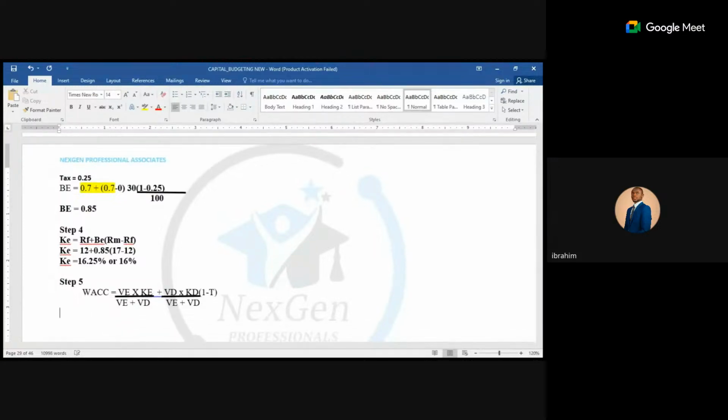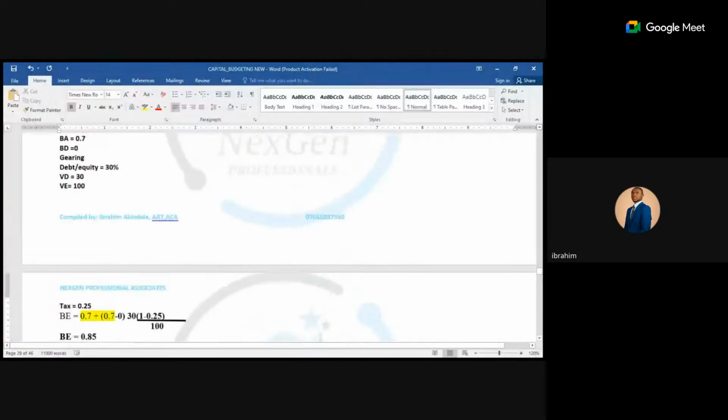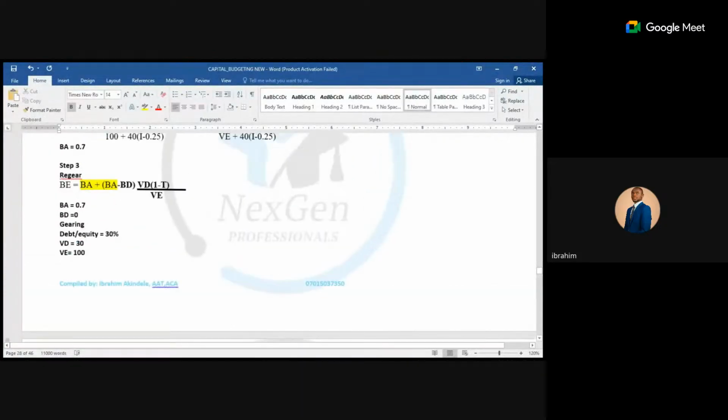So now what we have here is the weighted average cost of capital. Let me bring out the value of equity of the main company. We've done that already. Just come to this step, step 3. You've done the value of equity and value of debt.